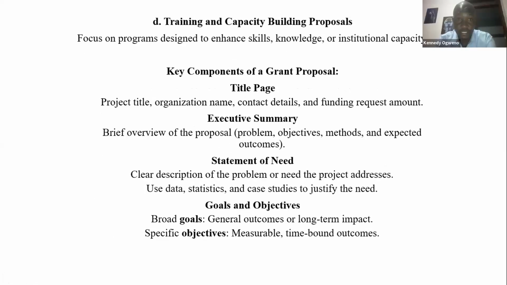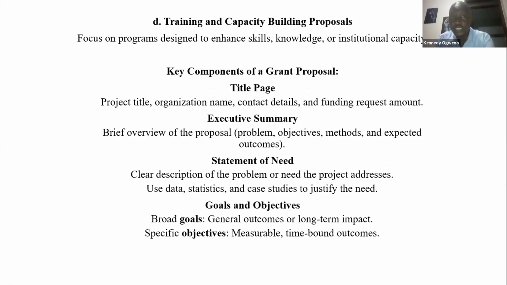Or D is training and capacity building proposals. This one is for skills and knowledge, and or at institutional level. So these are for training proposals. Sometimes there are organizations, let's say like Emory, where they normally train the researchers. They normally organize some webinars, or face-to-face meetings.